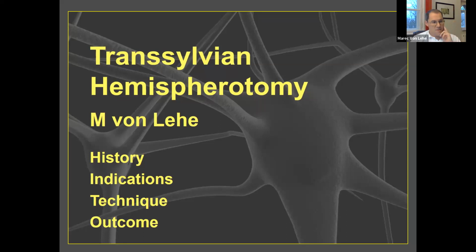Most of the time we will talk about the technique, the transsylvian approach, a lateral approach to disconnect one hemisphere. When we have time, or maybe later in the panel when we discuss both procedures, we can talk about the outcome, the major goal of this surgery, the seizure outcome.